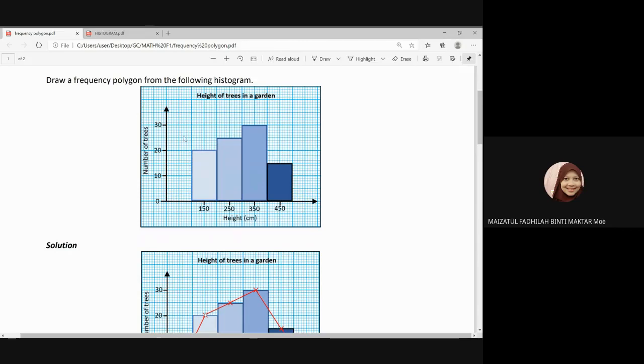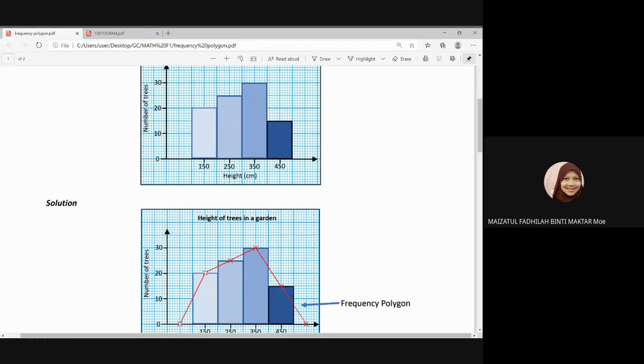After you get the graph for the histogram, remember it must have a vertical axis and a horizontal axis with arrows. Also label the data for each one, name the vertical axis and horizontal axis, and also give it a title.